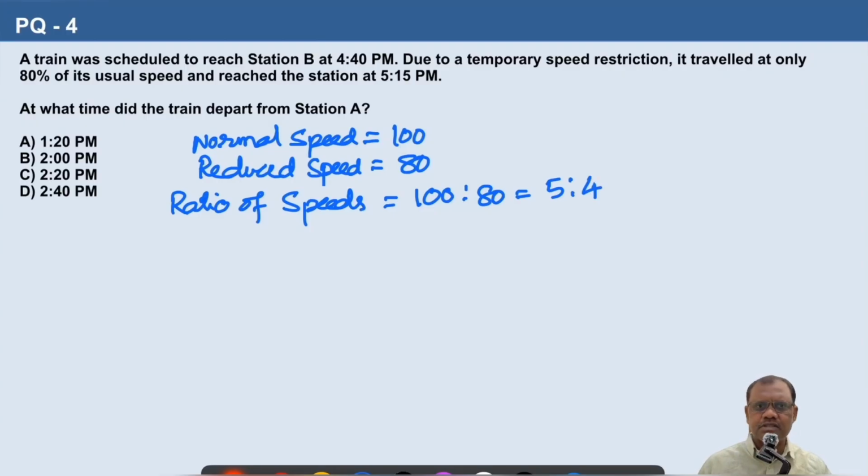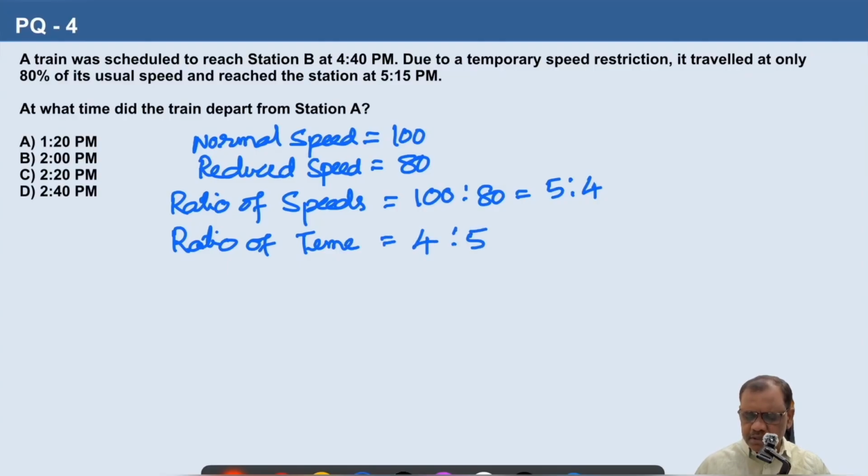We have discussed in the previous questions that the ratio of time is the inverse ratio. That is 4 is to 5. So 4 parts is the time taken with normal speed and 5 parts is the time taken with reduced speed.